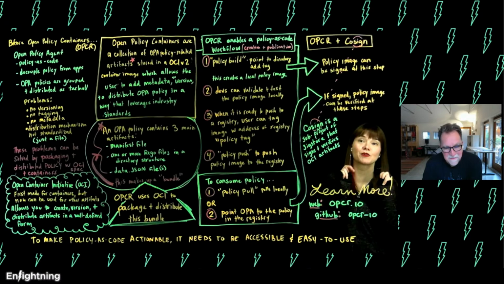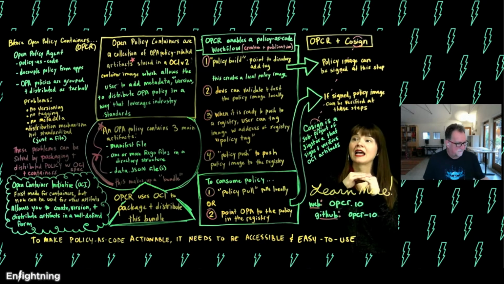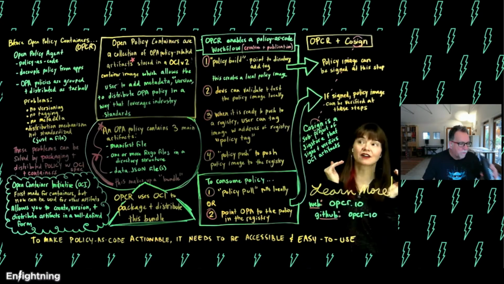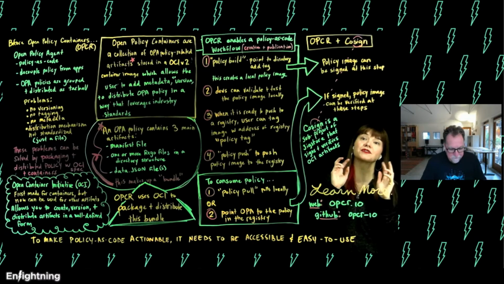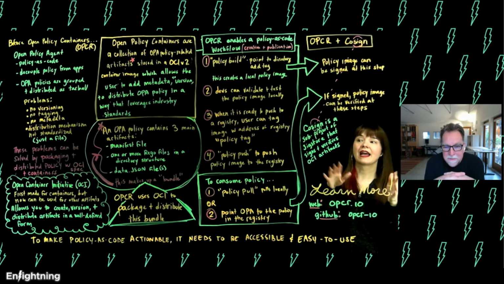You would run the policy build command, and just like Docker, you point it at a directory, you add a tag, and that will create a local policy image. Then you could validate and test the policy locally if you want to. And when you're ready to push that to a registry, just like Docker, you tag the image with the registry, using the command policy tag with the address of the registry. And then just like Docker, policy push to push the policy image to the registry.